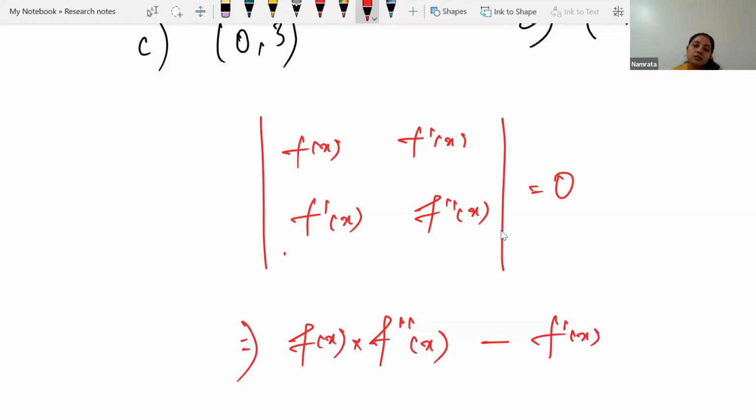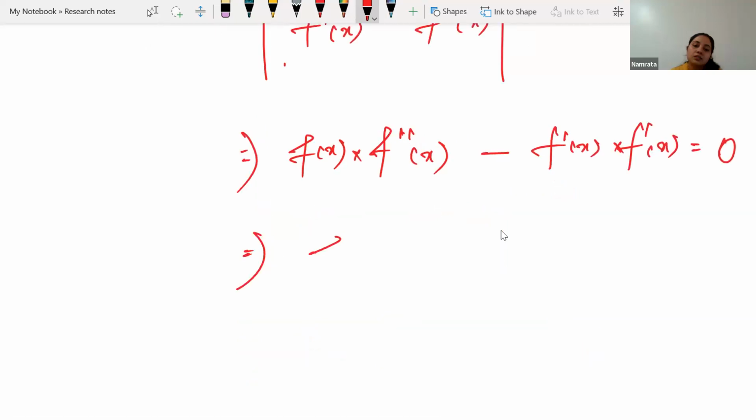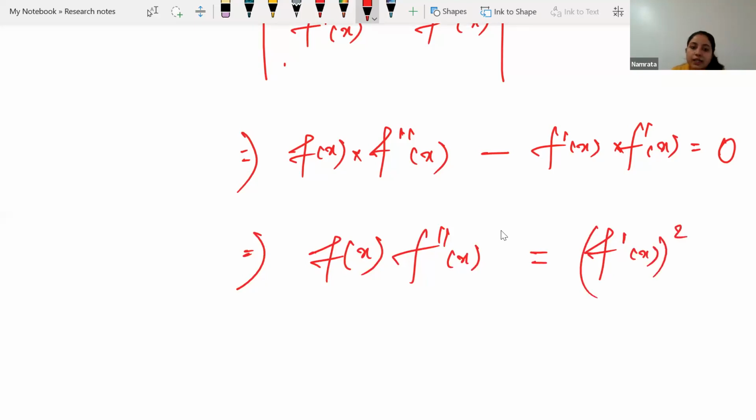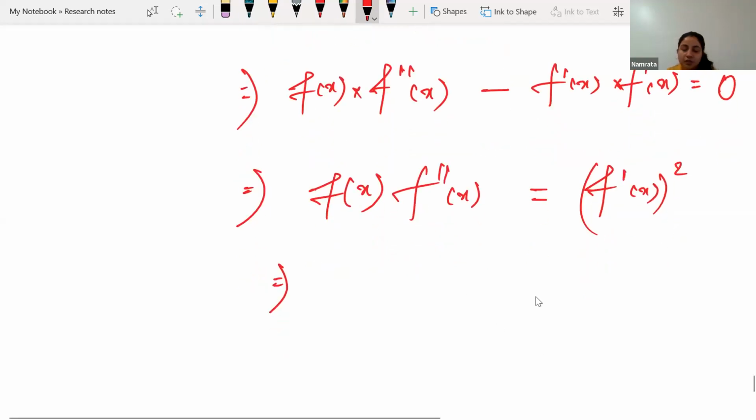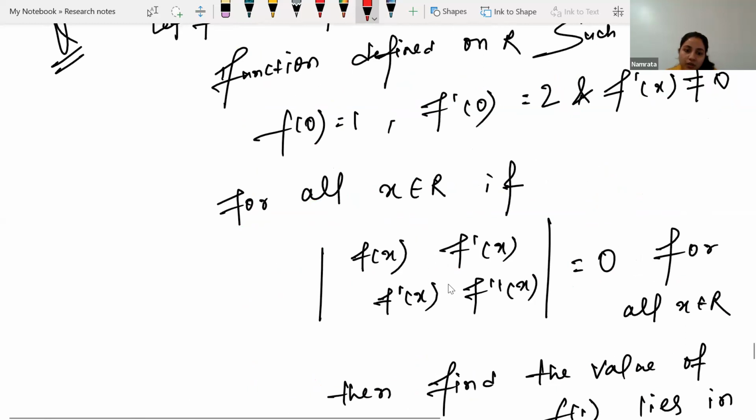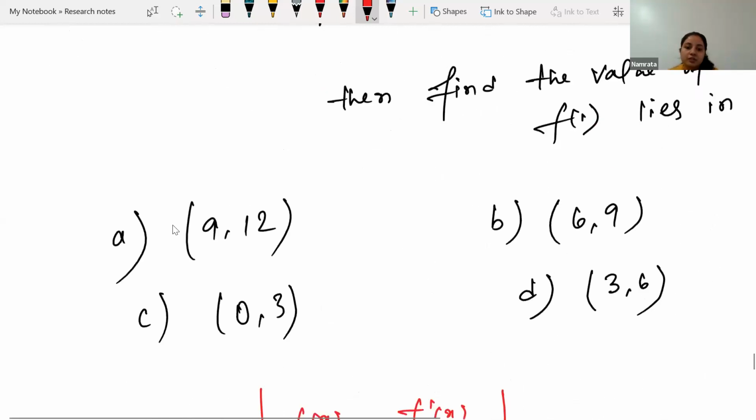After this, we can write this as f of x into f double dash x is equal to f dash x whole square. Let me check that I have taken the determinant properly. f x, f dash x, again f dash x, yeah, it is perfect.